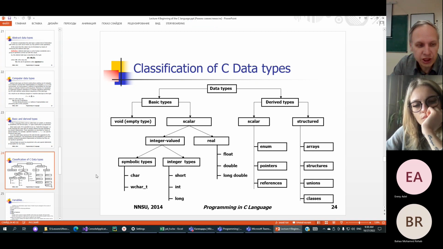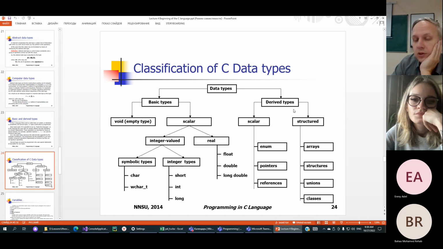Well, this is a general classification of data types. All the data types are divided into basic and derived data types. In turn, basic types are divided into void or empty type and scalar types.